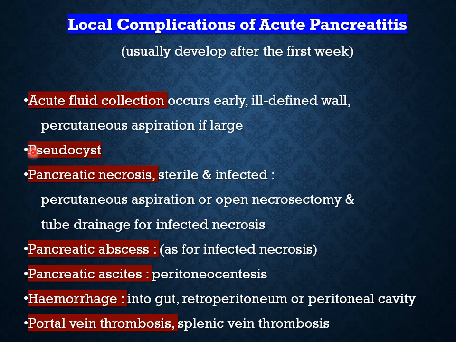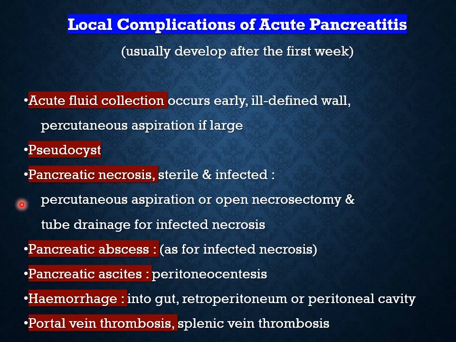And later it can form a pseudocyst of the pancreas, which is a very common complication of acute pancreatitis. Pancreatic necrosis, initially sterile. Later it becomes secondarily infected, causing it to become a pancreatic abscess.